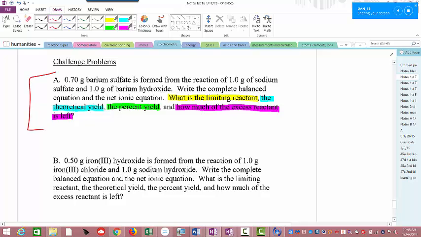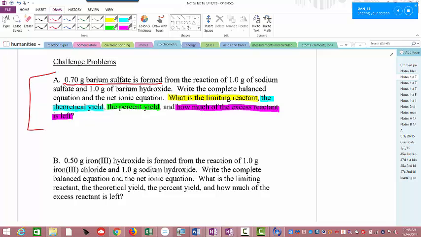So it says 0.70 grams of barium sulfate is formed. So there's two things you can tell me from that. That number represents what? The mass of what?